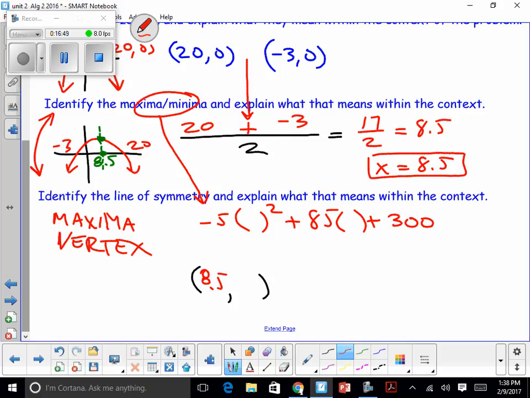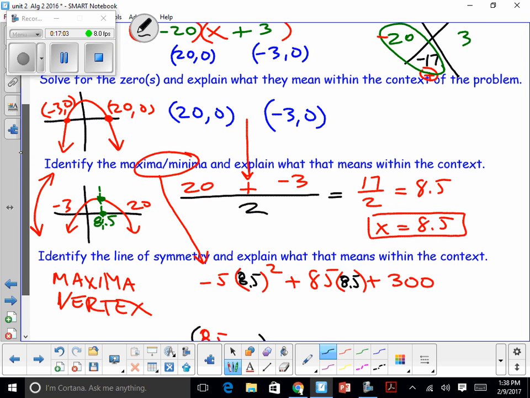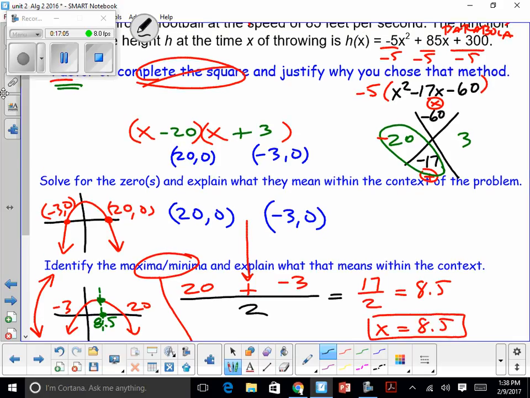Put 8.5 wherever you see a parenthesis. How do you know there's a parenthesis? In the original problem, there were x's after that negative 5, so square it, and there was an x after the 85. We're going to replace the x's with that 8.5, and that will give us whatever this winds up being.